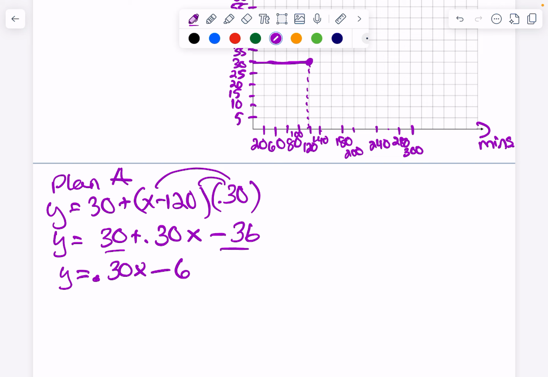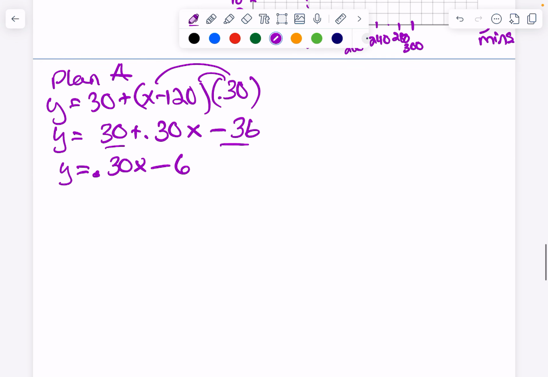Okay, what we need to do next is use a table to plot a couple of points. So y equals 0.30x minus 6. And again, we need to start with x equals 120.